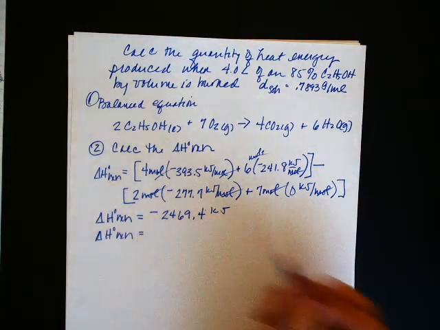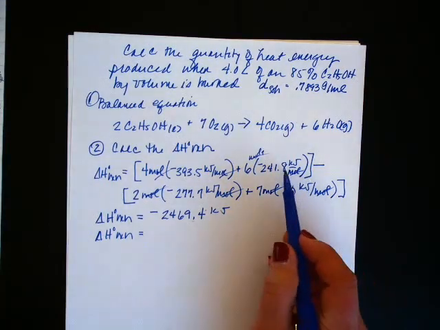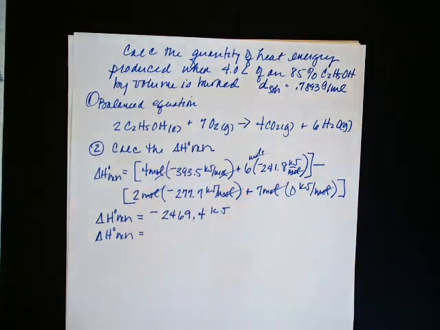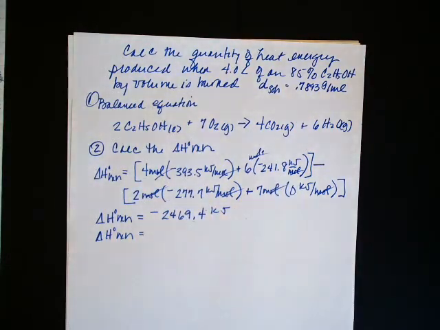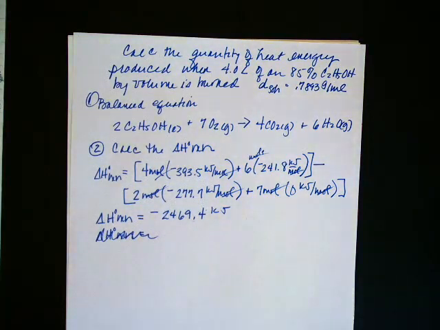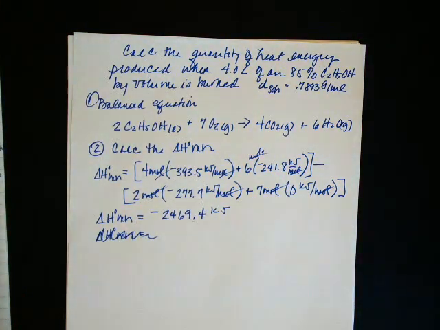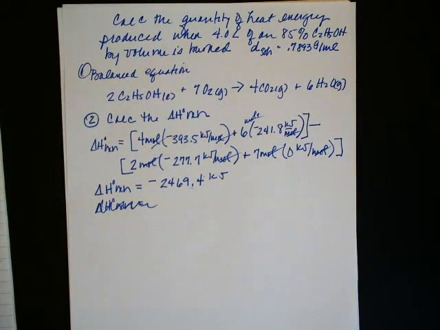Actually, we're good, right? We needed 1 decimal place. So we're good here. So that is heat flow for 2 moles of ethanol. Okay. The question asks us to calculate the heat produced when 4 liters of an 85% ethanol solution by volume is burned.